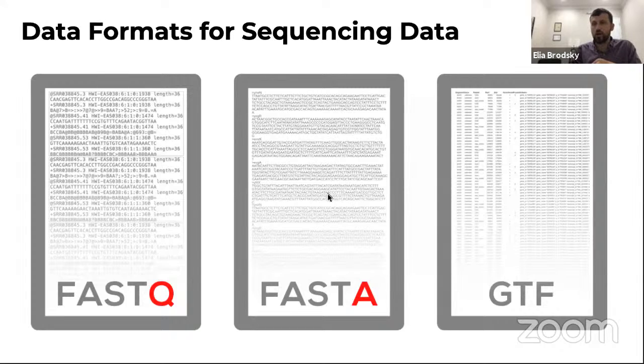FASTA files are files that contain references or full assemblies. So when we talk about a full genome, we're typically going to find that genome as a sequence in a FASTA file. And then also importantly for the references, we will have what's called the gene transfer format, so GTF file or GFF file. These files contain information about genomic elements. So where do they start, where do they end, and what do we know about them? So this is annotation for the FASTA file.